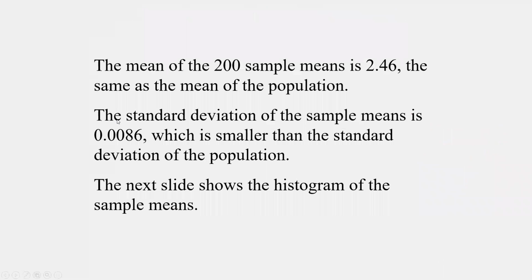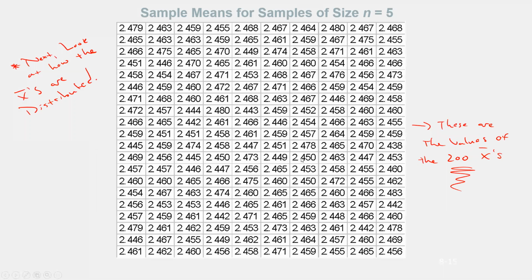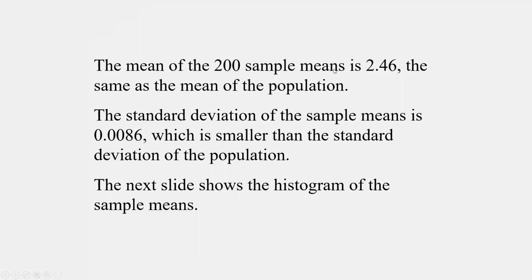If you look at the mean of these 200 sample means, the mean of the 200 sample means is exactly mu. So the average of the averages, the average of the X bars, is the population mean.